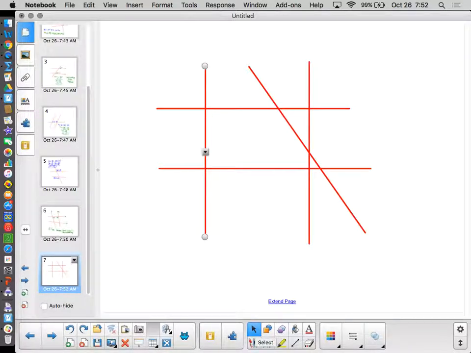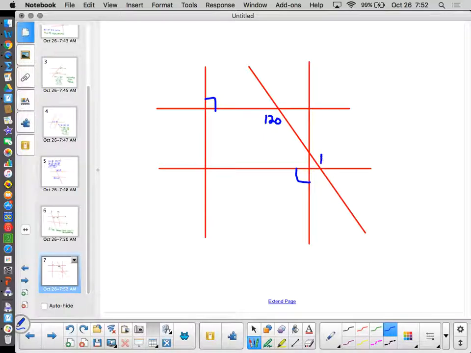All right, so we're given that this is a right angle, and this is a right angle, and this is 120, and this is 120. Get my arrows in there and let's name L, M, N, P, and Q. All right.